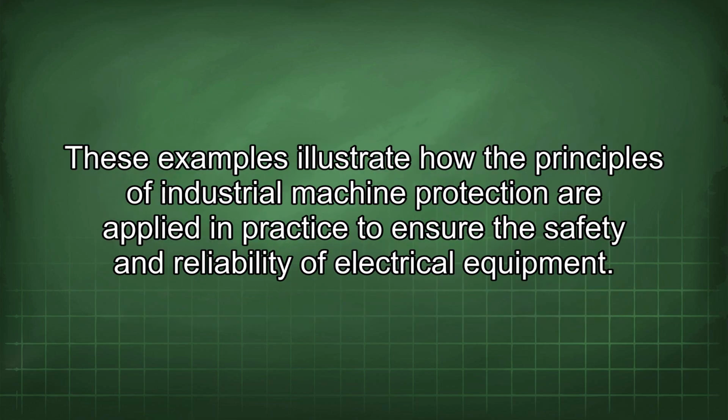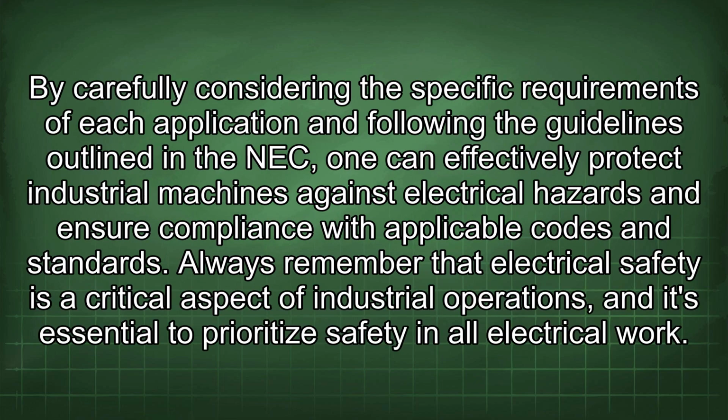These examples illustrate how the principles of industrial machine protection are applied in practice to ensure the safety and reliability of electrical equipment. By carefully considering the specific requirements of each application and following the guidelines outlined in the NEC, one can effectively protect industrial machines against electrical hazards and ensure compliance with the applicable codes and standards.